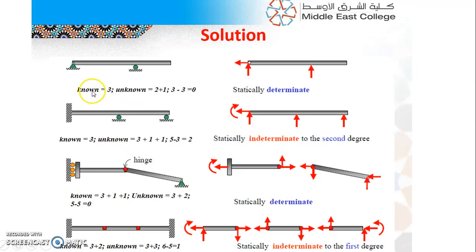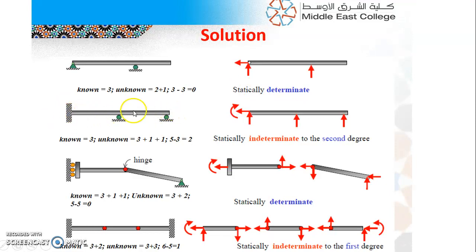Knowns are 3, and unknowns are 2 plus 1, which is 3. So R minus 3 is equal to 0. The number of reactions is 3, and 3 minus 3 is 0. So this is statically determinate.